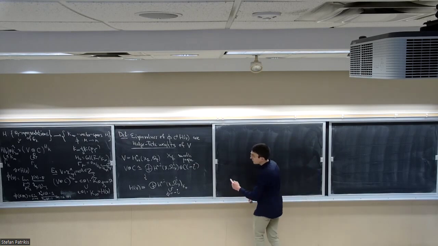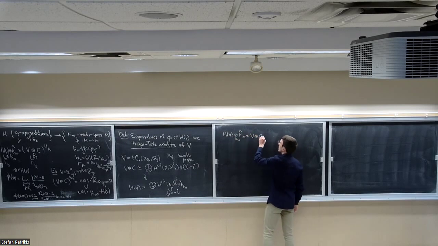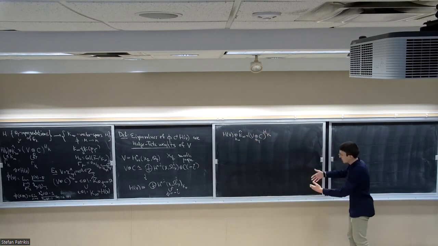So, okay, what was happening here? I have H of V, which was a decompletion of V tensor C. Now, what we actually are interested in is the functor of de Rham.